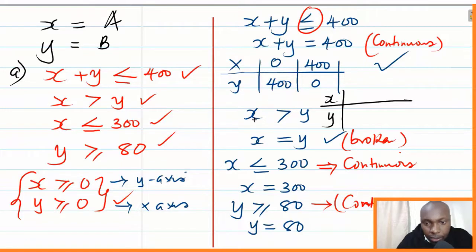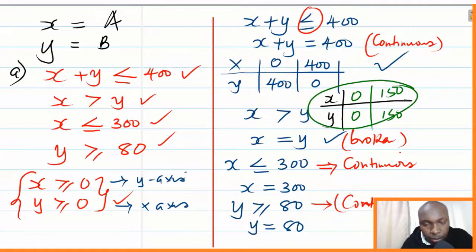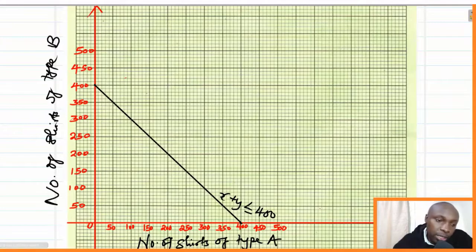So remember, x equals y, so when x is 0, y is 0. When x is 150, y is 150. So you can use this to plot, or you should know that the line should pass through the center. So the 2 points, 0, 0 is here, then 150, 150 should be here somewhere. So let me draw this line.